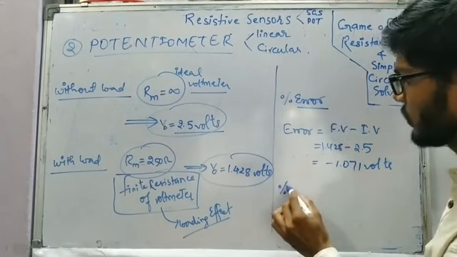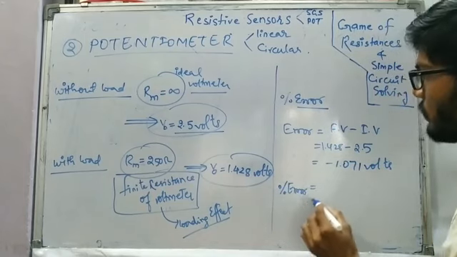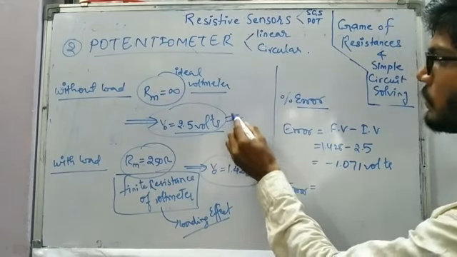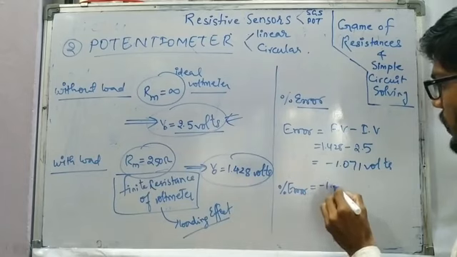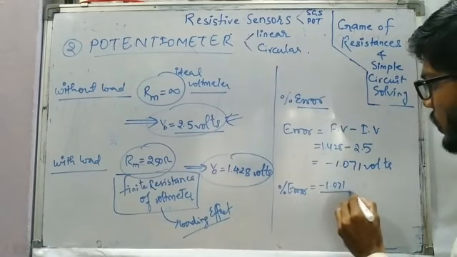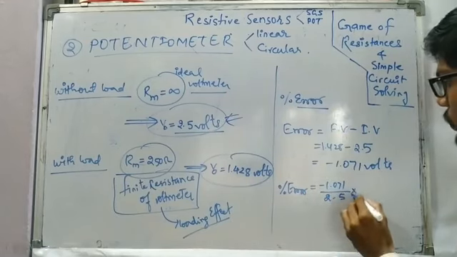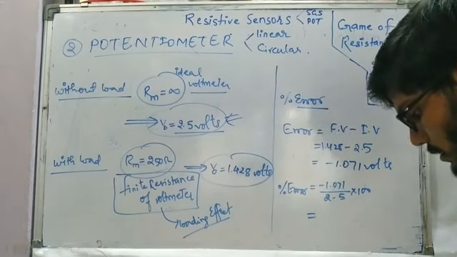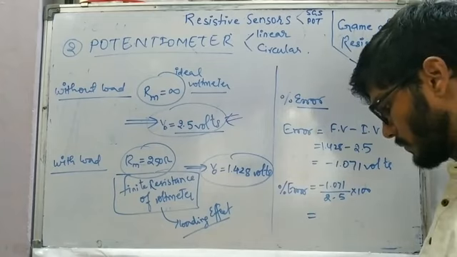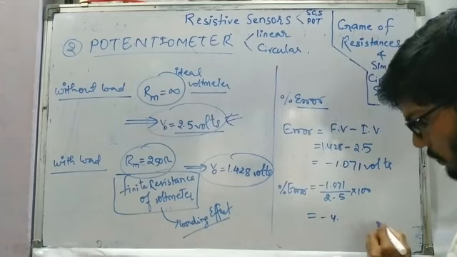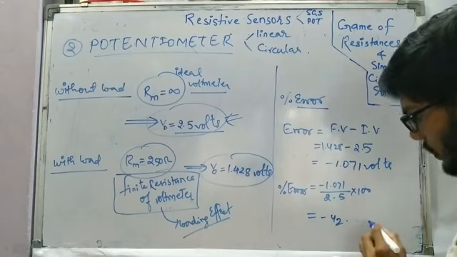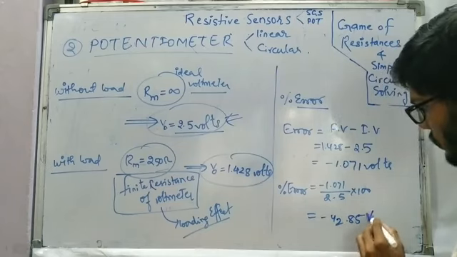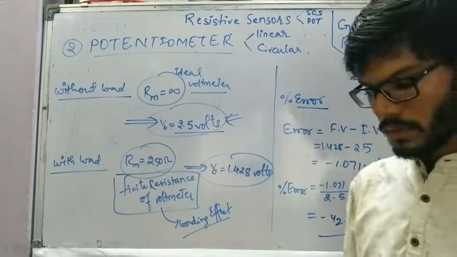So the percentage of error with respect to the previous value is minus 1.071 divided by 2.5 into 100. So this will become minus 42.8% of error this is going to give.